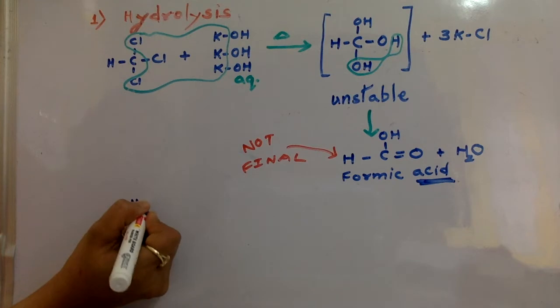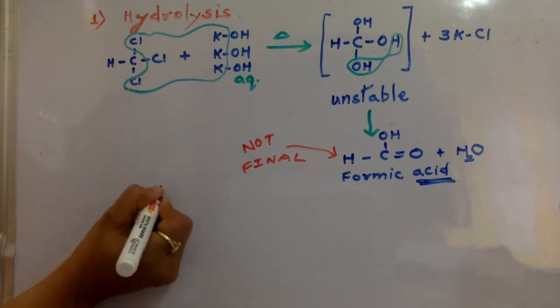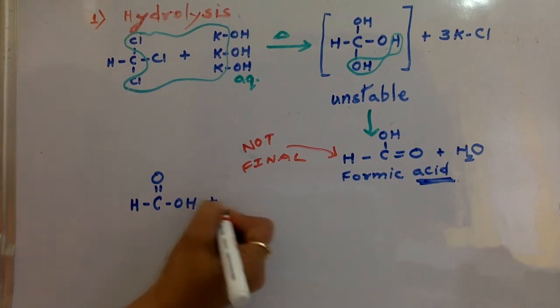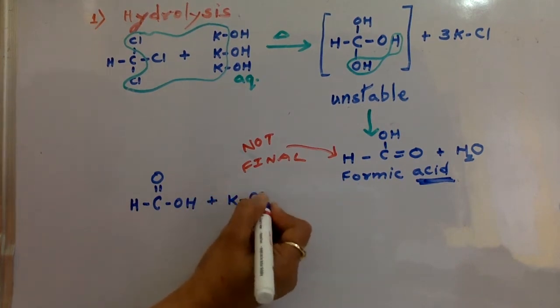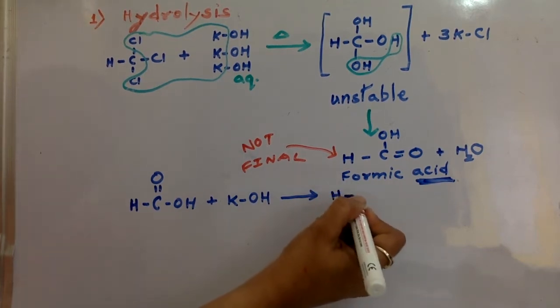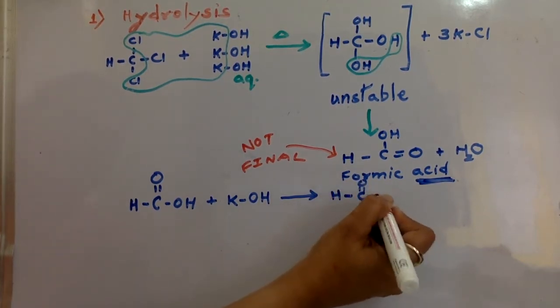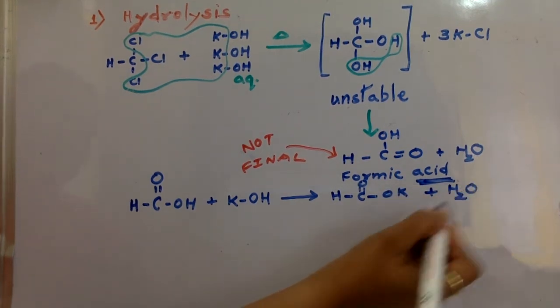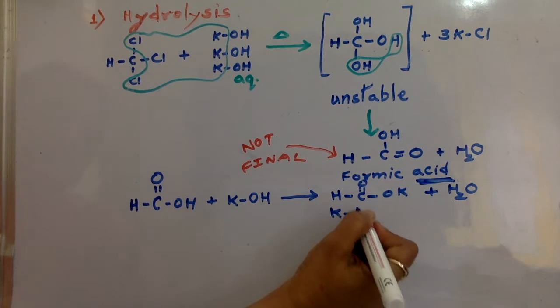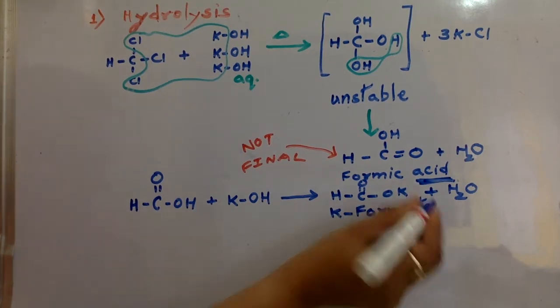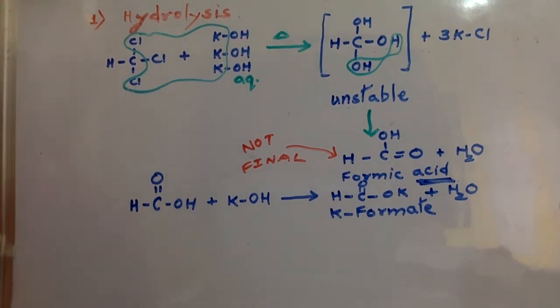Children, acid will definitely react with the base. So formic acid will react with the base KOH and will give salt and water. So the final product is not formic acid, but it is potassium formate. So that is the hydrolysis of chloroform.